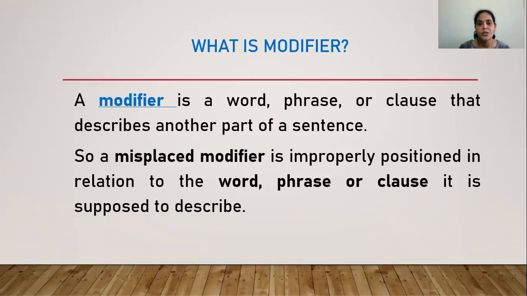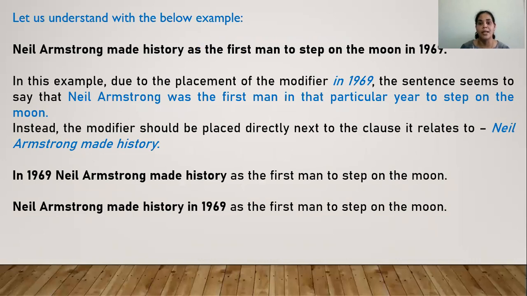So we are going to concentrate on how these modifiers are misplaced in different positions and how the meaning of the sentence changes. Quickly, we'll go ahead with a simple example. Now you can see, Neil Armstrong made history as the first man to step on the moon in 1969.